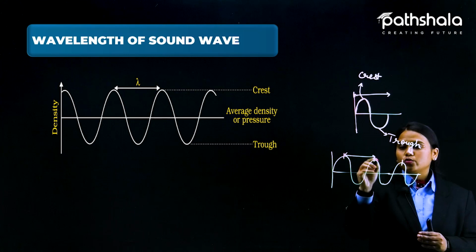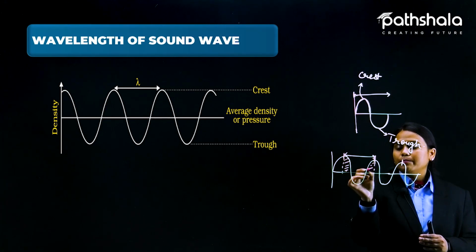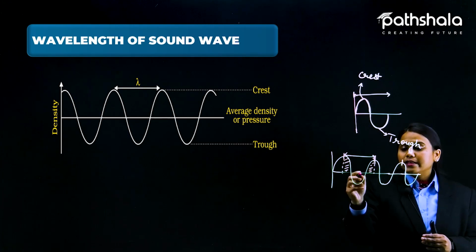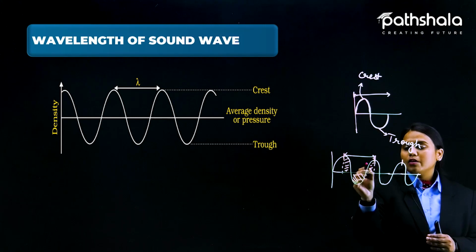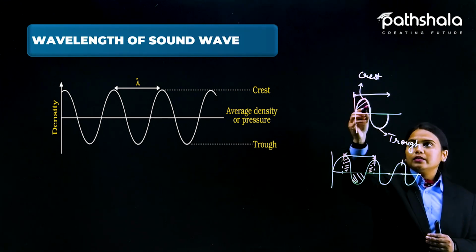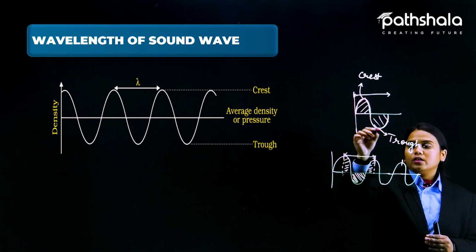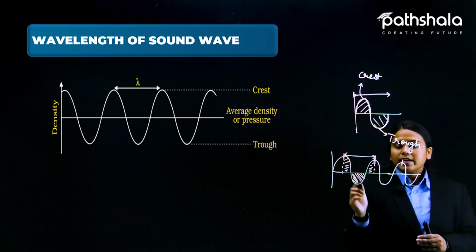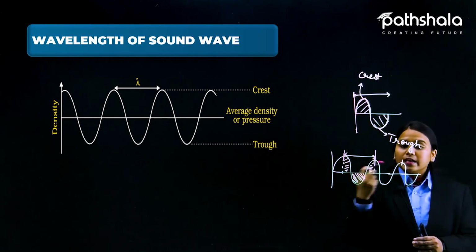So from one crest to another crest, this is half of the above crest, this is half of the below, so half and half together make one, and this is one complete trough. Again, one half means one, that is this part, and the part below is this one. So from one crest to another crest, it is equivalent to this.